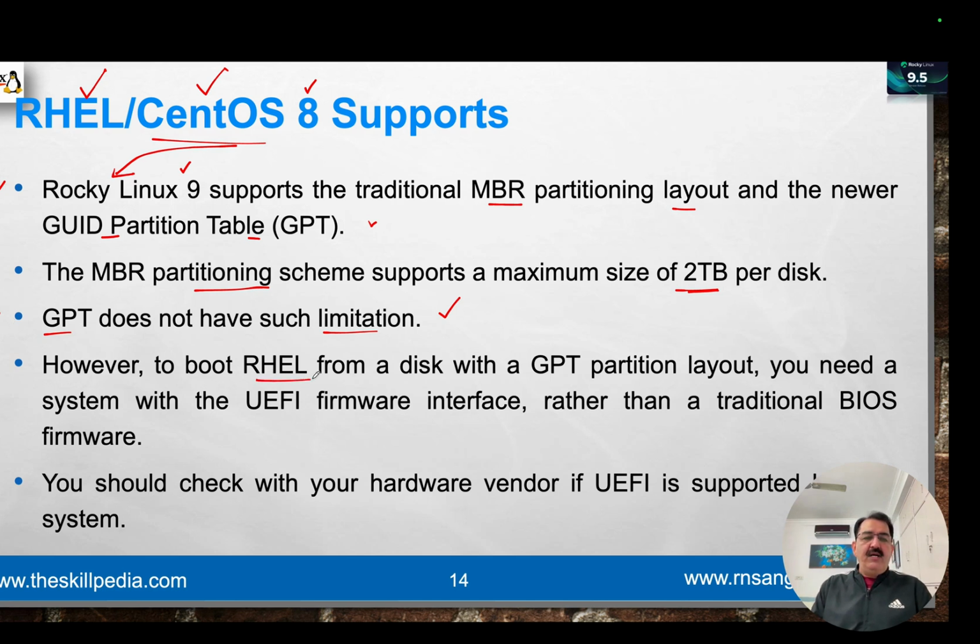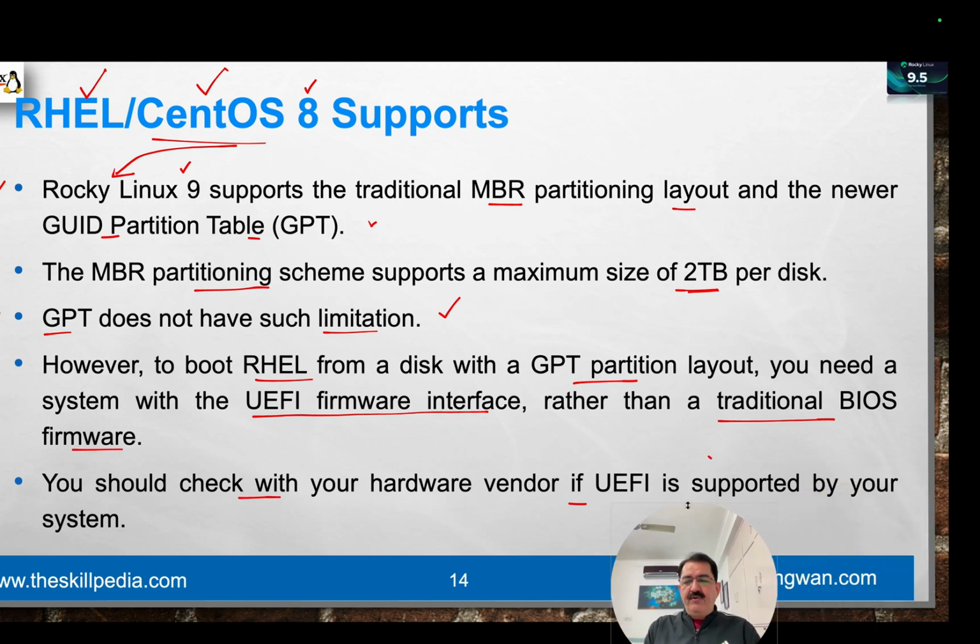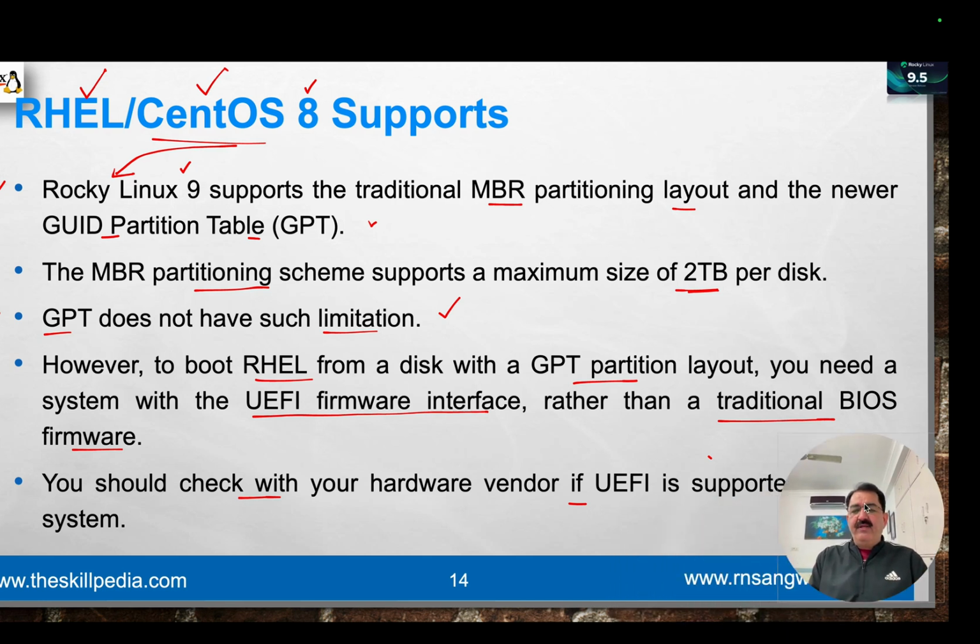However, to boot RHEL or Rocky Linux from a disk with a GPT partition layout, you need a system with a UEFI firmware interface. If you recollect, when we installed that, we selected UEFI rather than traditional BIOS firmware. You should check with your hardware vendor if UEFI is supported by your system. That's what we did yesterday.